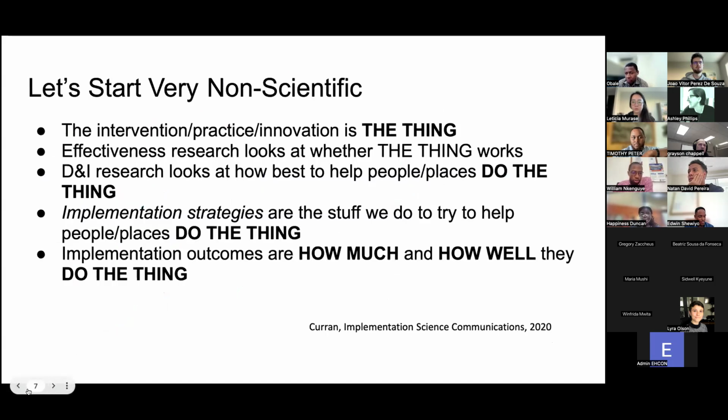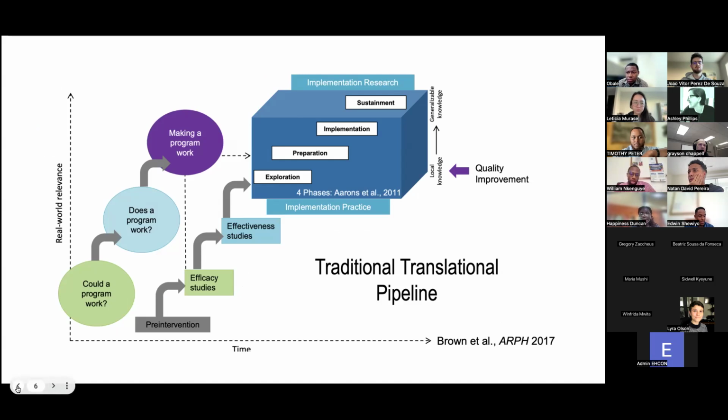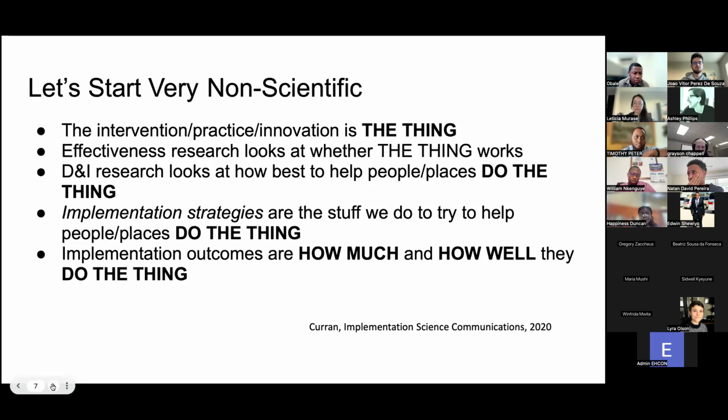But now, after having this key concept of efficacy research, effectiveness research, and a little bit of hybrid tests, I want to bring something a little bit different, which is going to help us understand today's concept. Moving forward, we have what we call the intervention, practice, or innovation whenever we are thinking about these designs. The intervention or practice is the thing that has been shown to work, maybe from efficacy research.